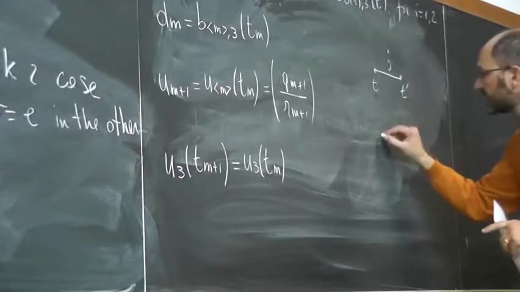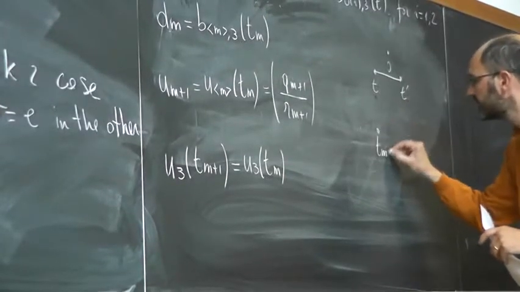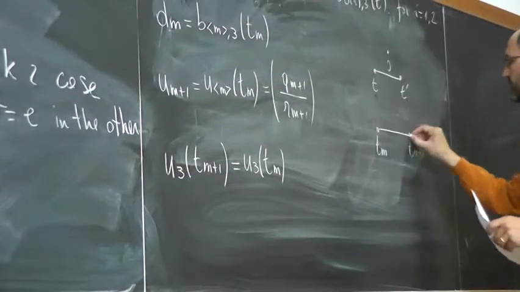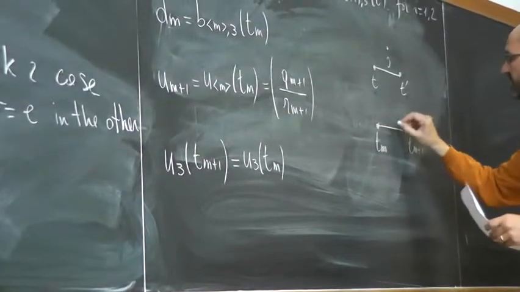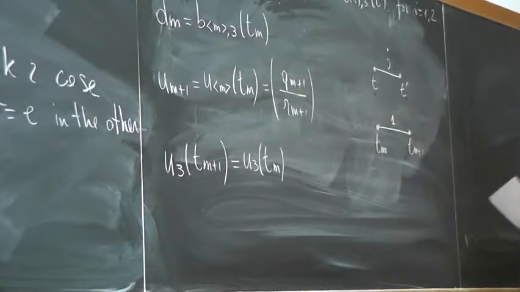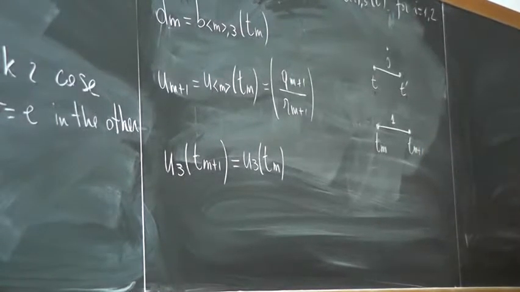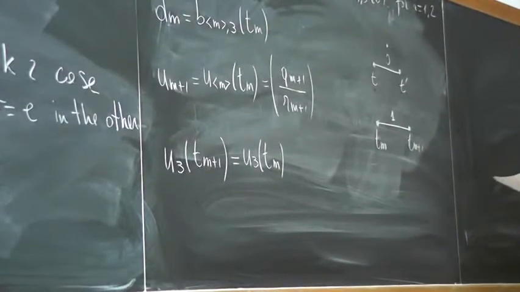So we apply this in the case where we have tm plus 1, in the case where here we have 1, if this is 2, it is singular. So in this case we have that m is odd. Okay.